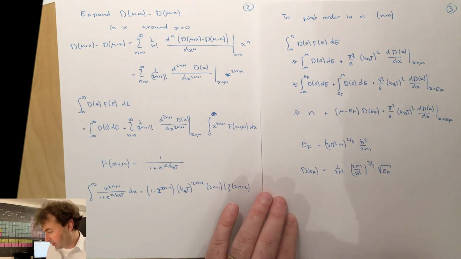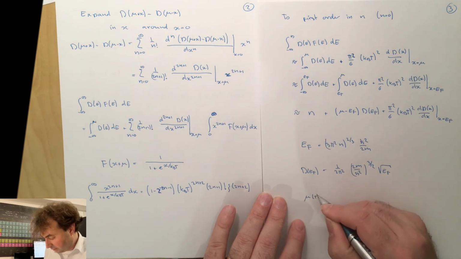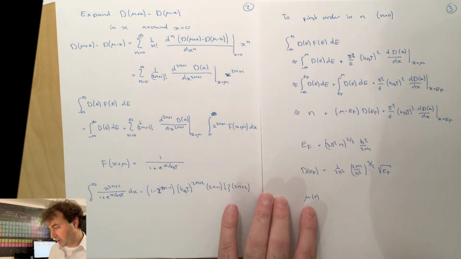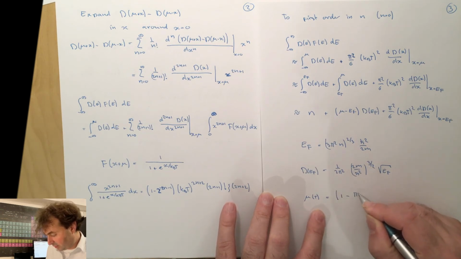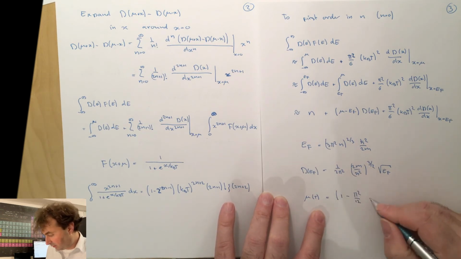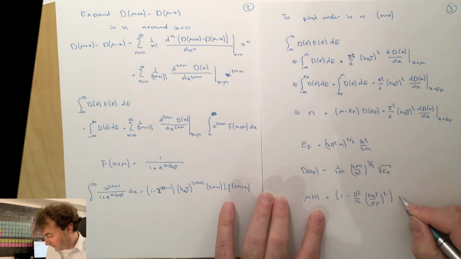If you put this all in, then you find that the chemical potential as a function of temperature is 1 minus pi squared over 12, k Boltzmann T divided by the Fermi energy, squared, times the Fermi energy.